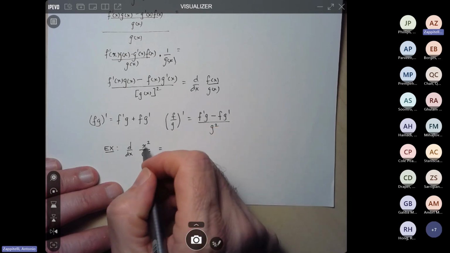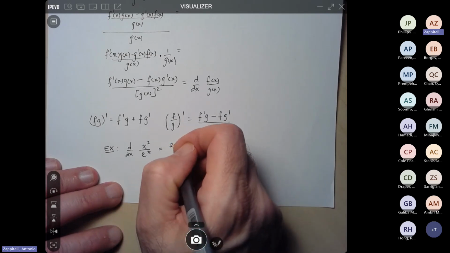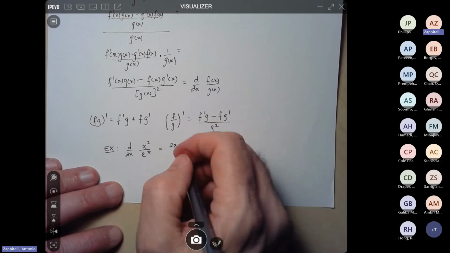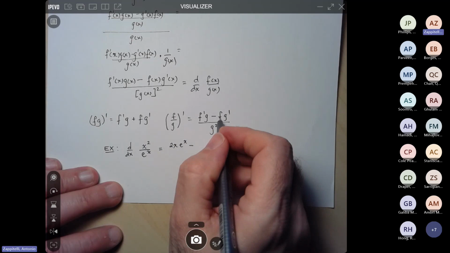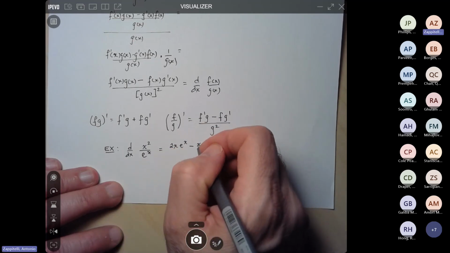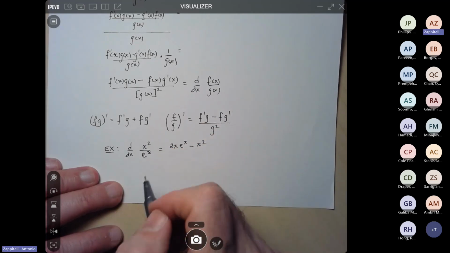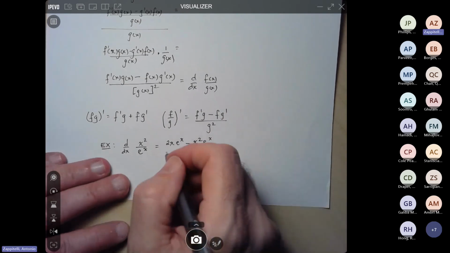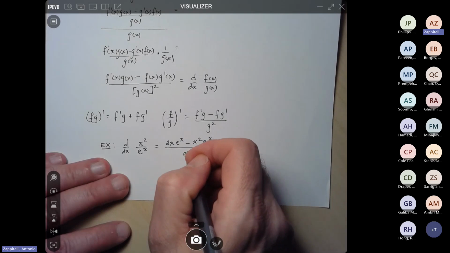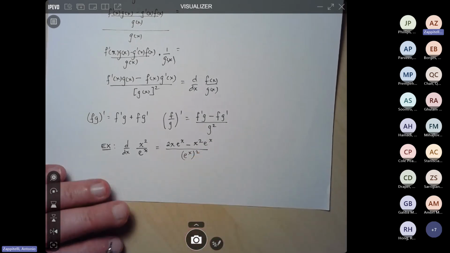So derivative of the numerator, 2x, times the denominator function, minus the numerator function, x squared, times the derivative of the denominator function, still e to the x, and then all over e to the x squared.